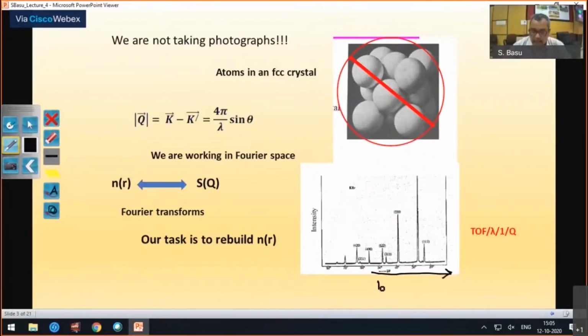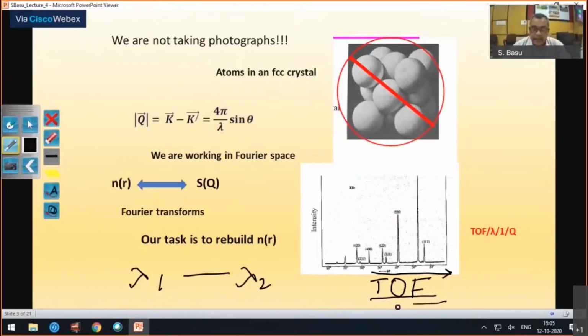So here the axis goes versus time of flight. They use a polychromatic beam where you have a range of lambdas, and the data is collected as time of flight. I'll discuss this later in greater detail. But interestingly, as the time of flight becomes larger and larger, the neutrons are slower and slower.